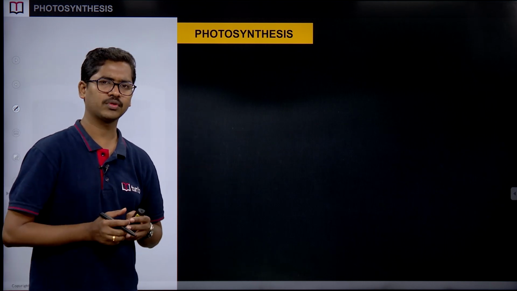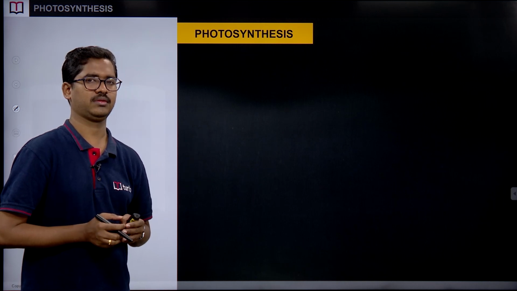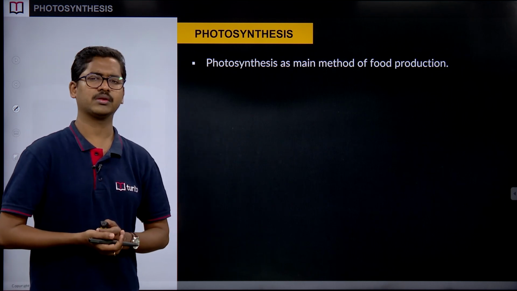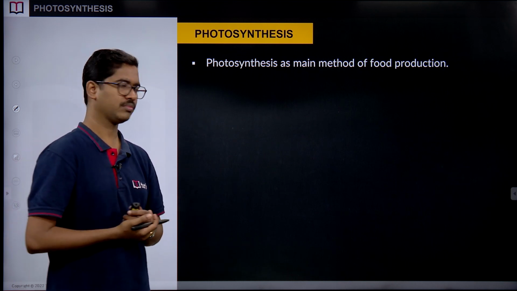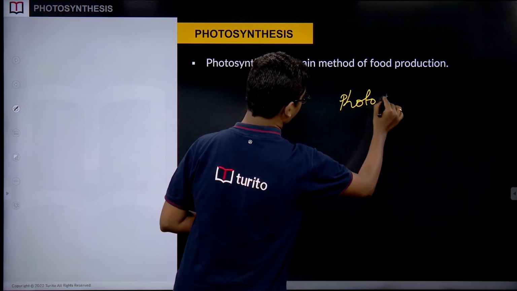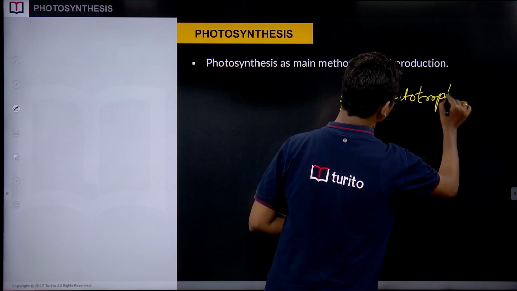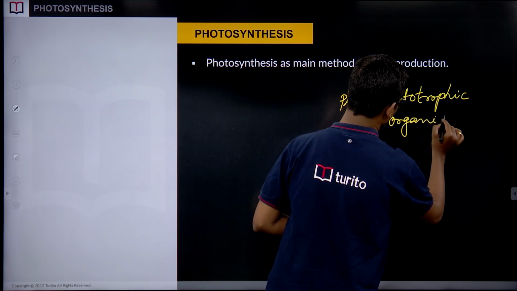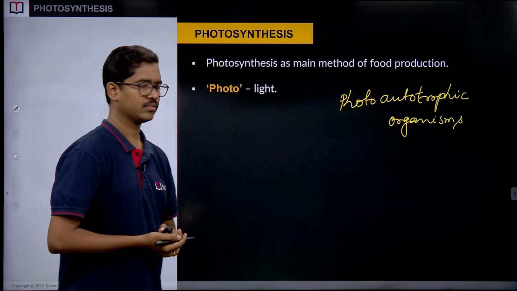Can you tell me what photosynthesis is? Yes, it is quite simple. You have been learning this; it is nothing new to you, right. It is a method of food production in photoautotrophic organisms.